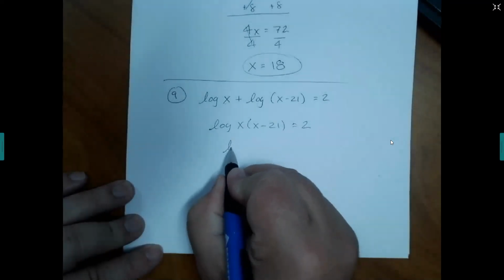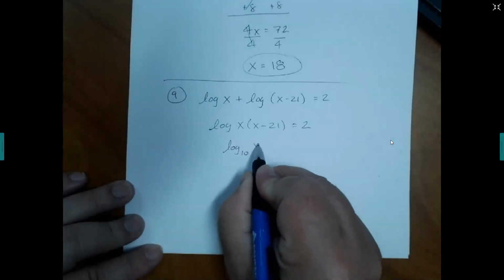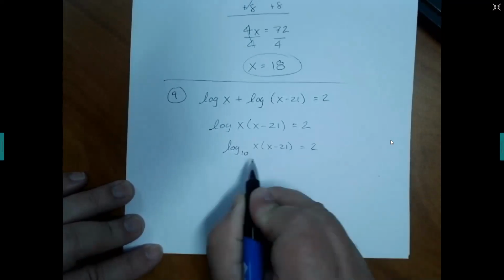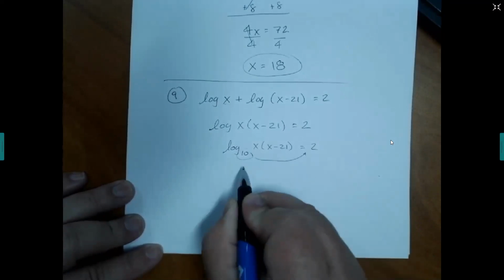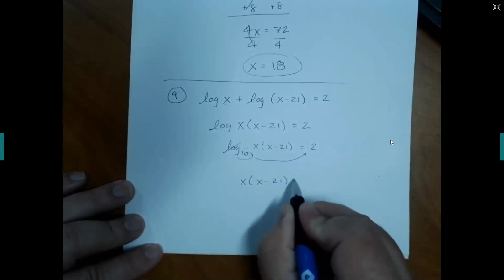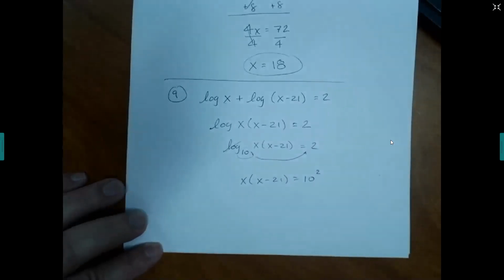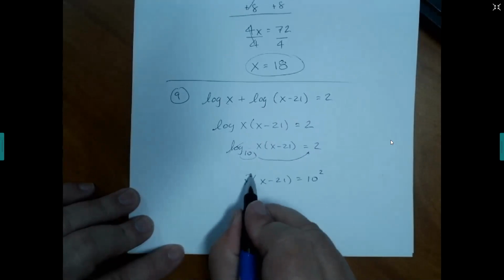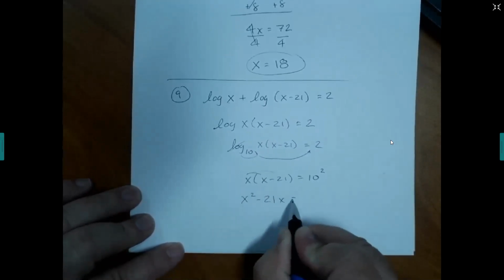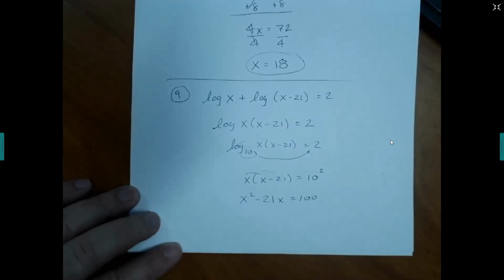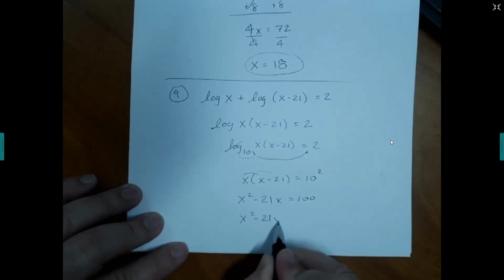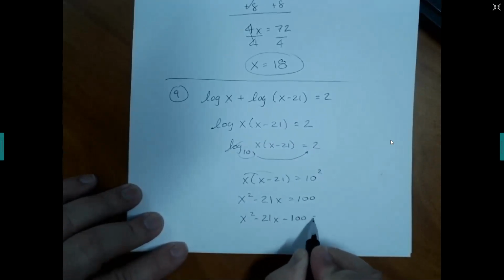So this is log base 10. So move the 10 across. Very good. Drop the log. So we have x times x minus 21 equals 10 squared. Get rid of the parentheses. 10 squared is 100. Move the 100 to the other side by subtracting.